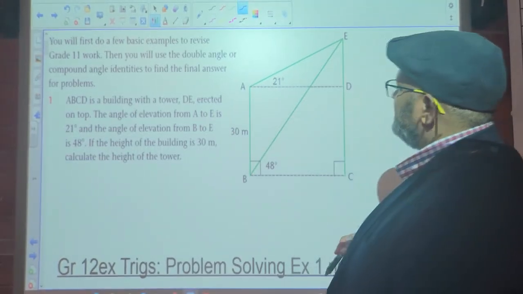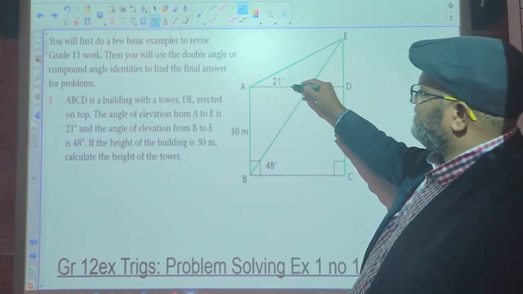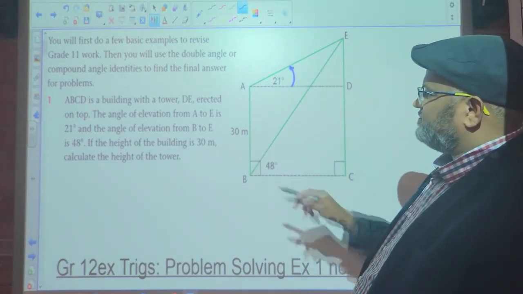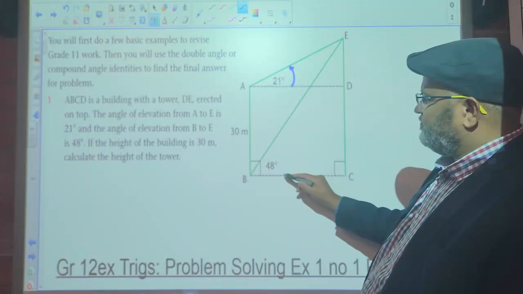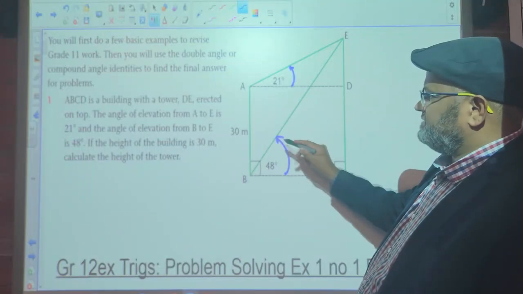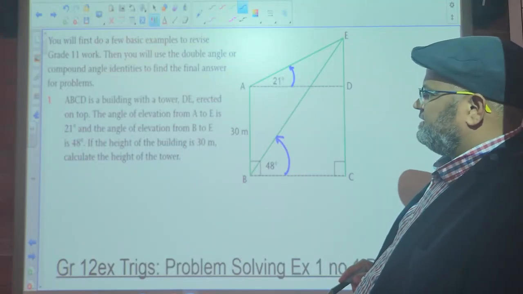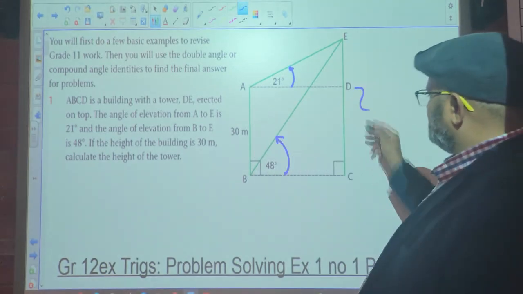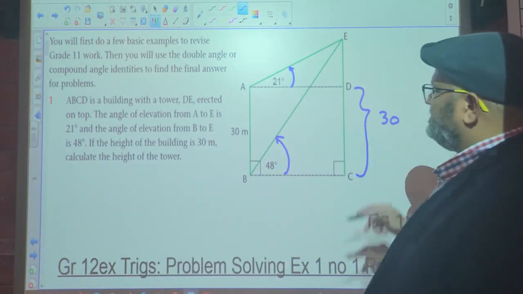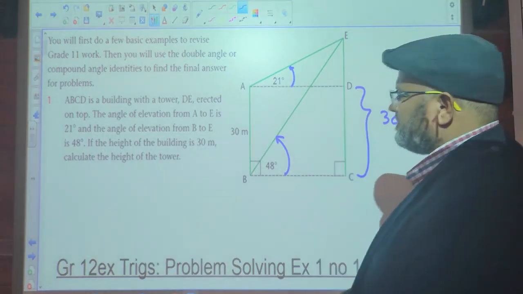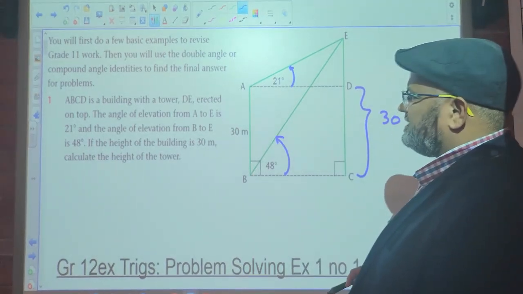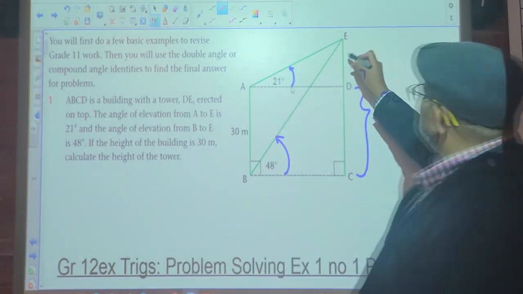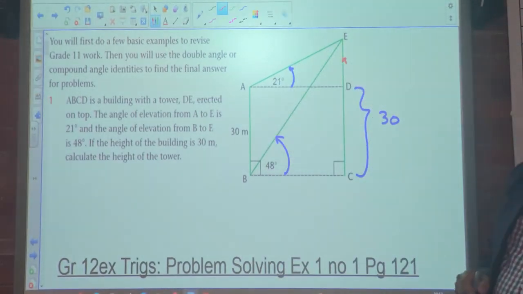The angle of elevation from A to E is 21 degrees, and the angle of elevation from B to E is 48 degrees. If the height of the building is 30 meters, so that of course has to also be 30. Why? Because it's a rectangle, of course. Calculate the height of the tower. So in other words, I must calculate DE.